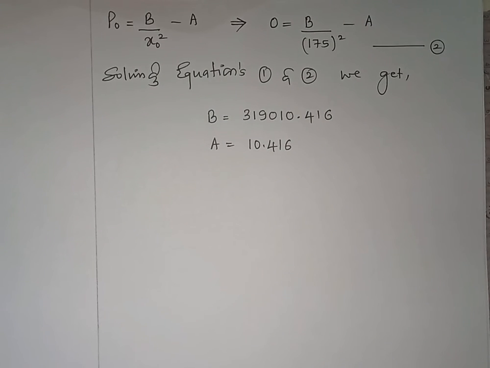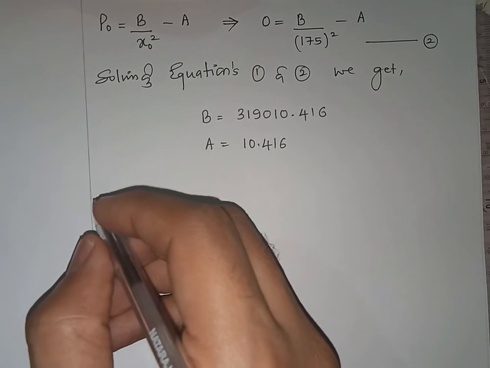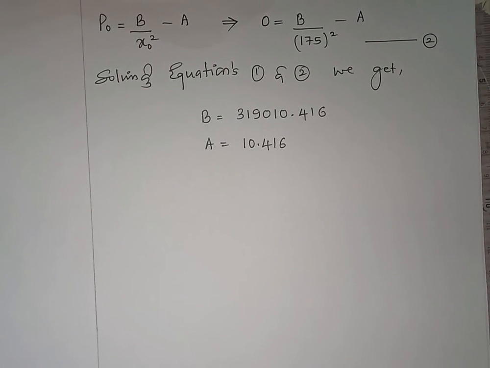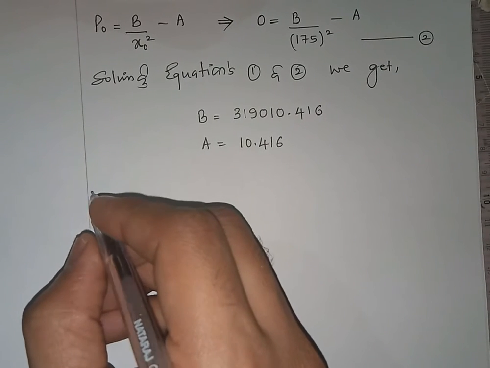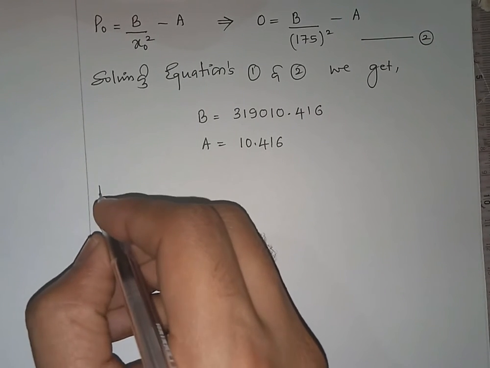Once you get the values of A and B, first let us concentrate on hoop stress. He has asked us to calculate the maximum value of hoop stress. The maximum value of hoop stress will always be at the inner surface. We studied this in our last problem.